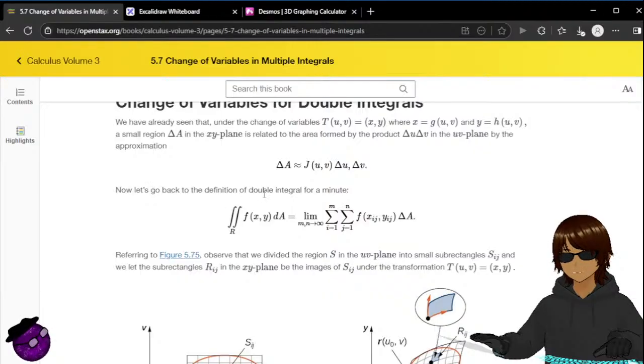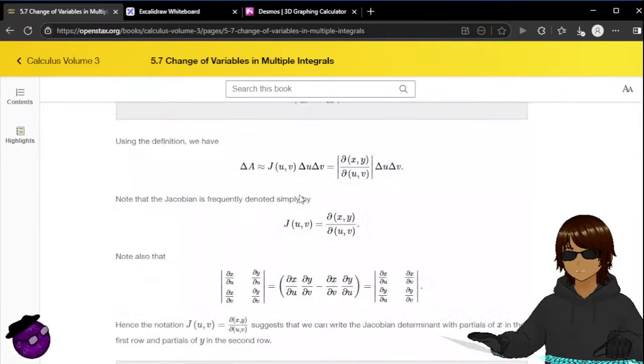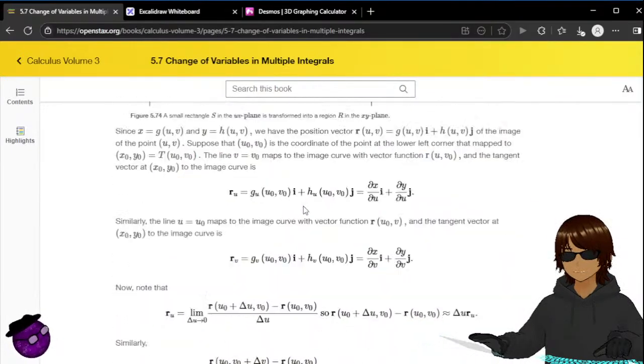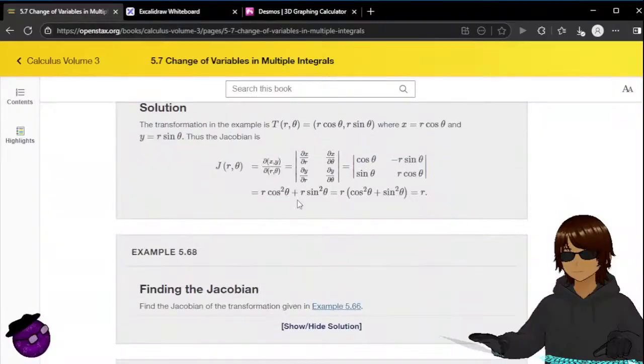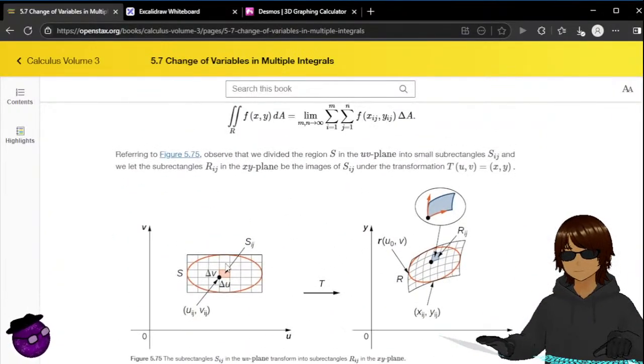Now let's get back to the definition of the double integral for a minute. You have this double integral, you have this definition. Referring to figure 5.75, observe that we divided region S in the uv plane into small subrectangles S_ij. Okay, over here, we divided the region S into small pieces, and this is one of them.